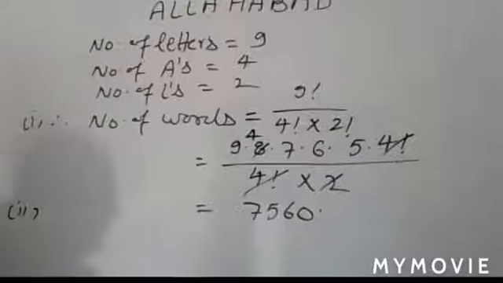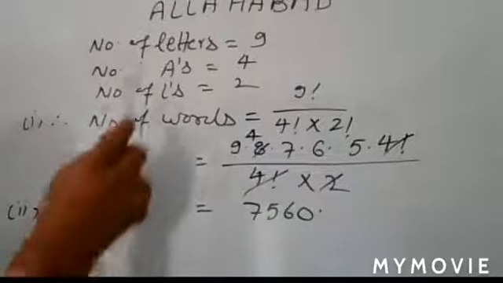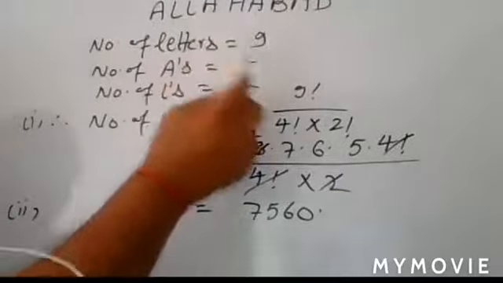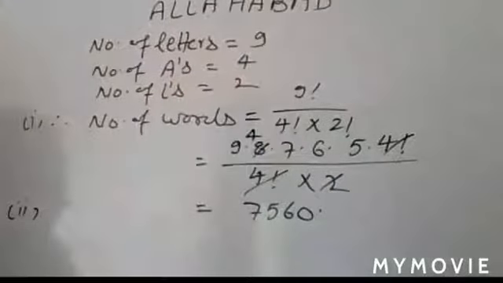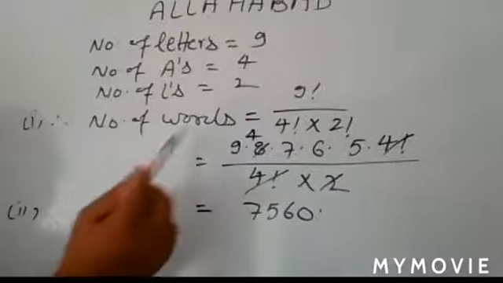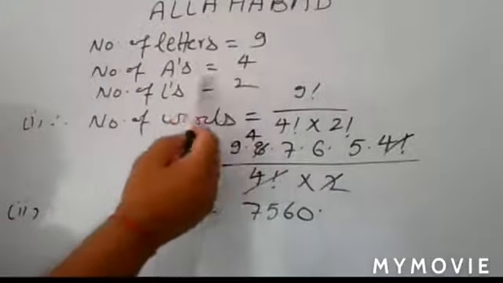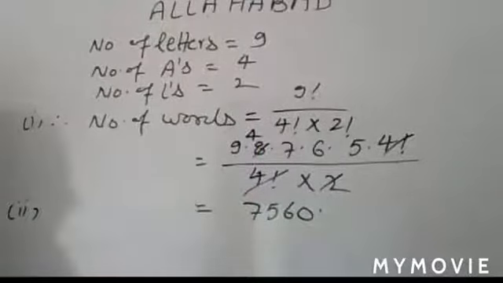So first of all, you are trying to get the number of arrangements of vowels at the even number of places. And how many vowels are there? Only A is there, one kind of vowel, and their number is also 4. Means the number of vowels is equal to 4, which is A, and it occurs 4 times.